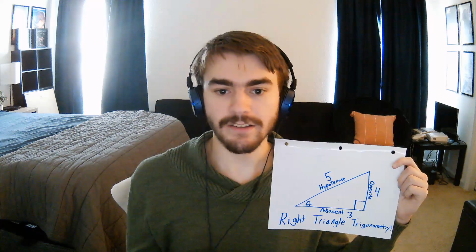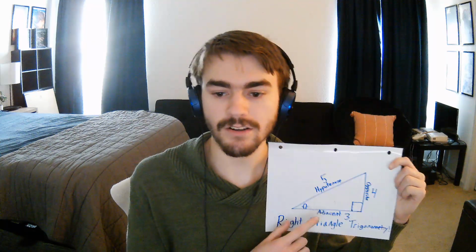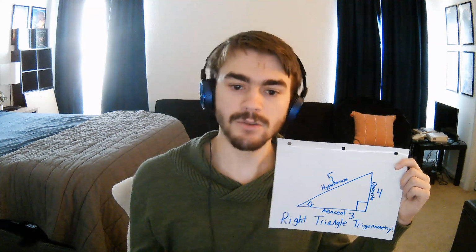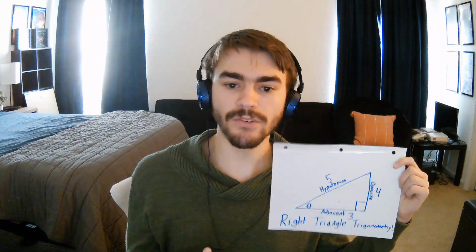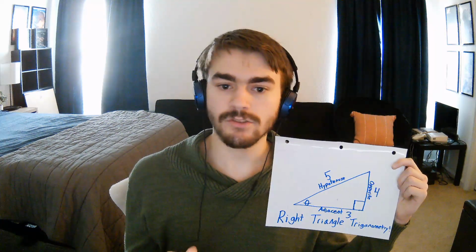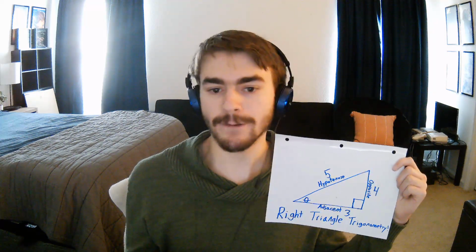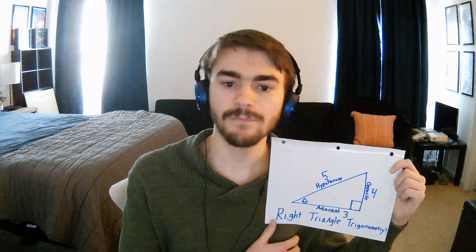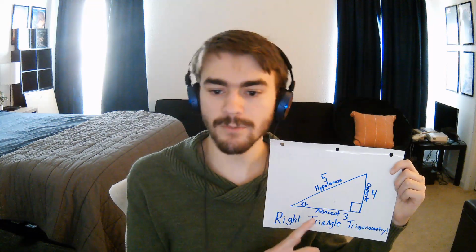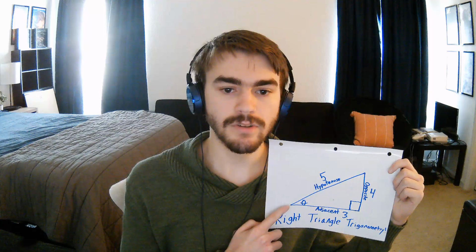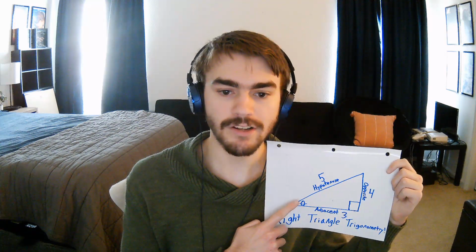There's a bunch of different things that you can do with triangles, but for a right triangle, this is sort of the basics of how you work with the sides and the angles. If you have 2 of the sides or a side and an angle, you could basically find everything else about this triangle.